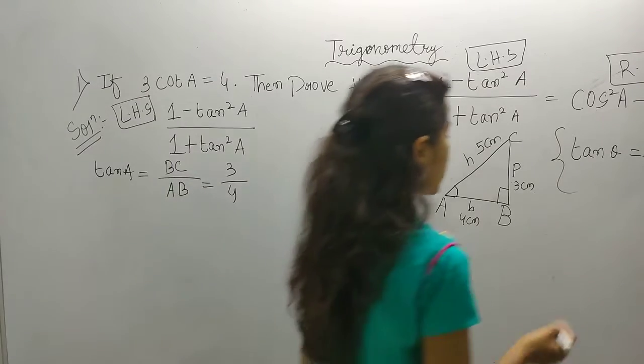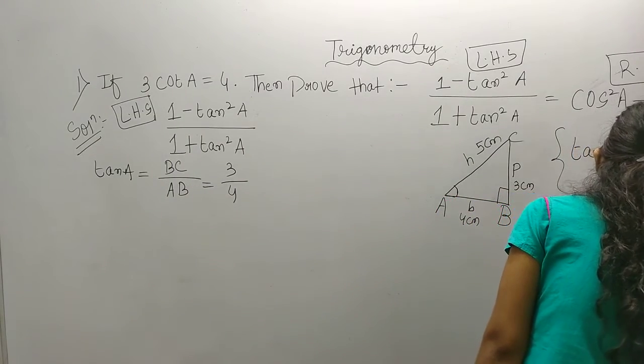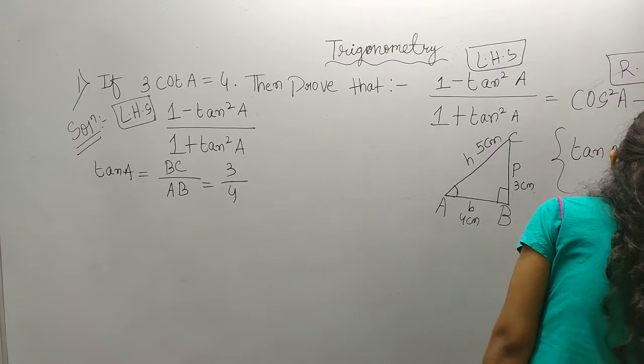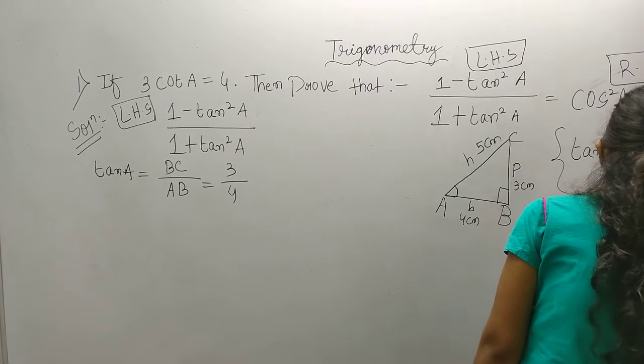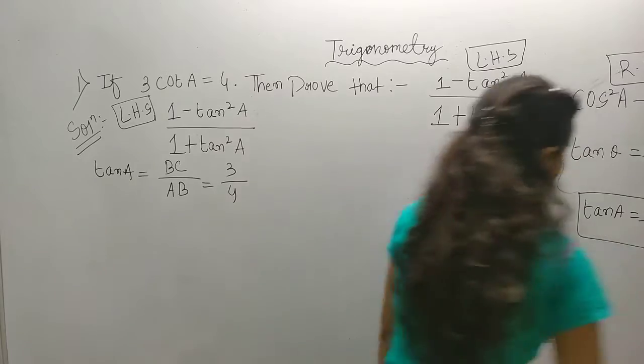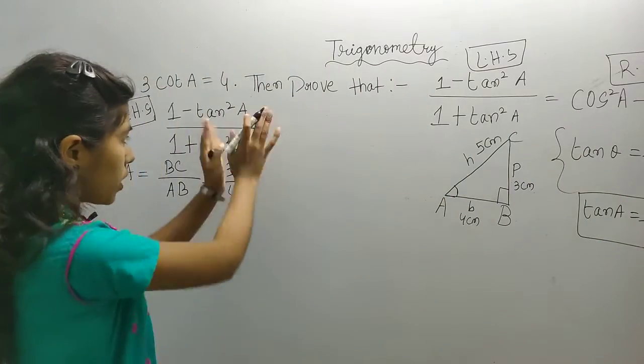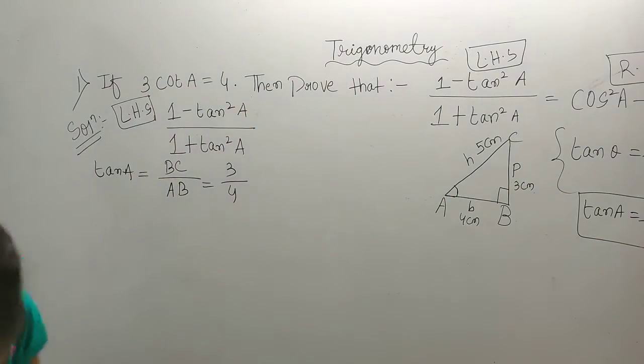So here we will write tan A equals to 3 by 4. Okay, nothing, just to remember the value.